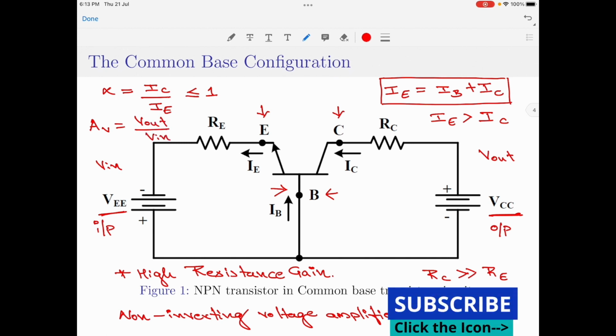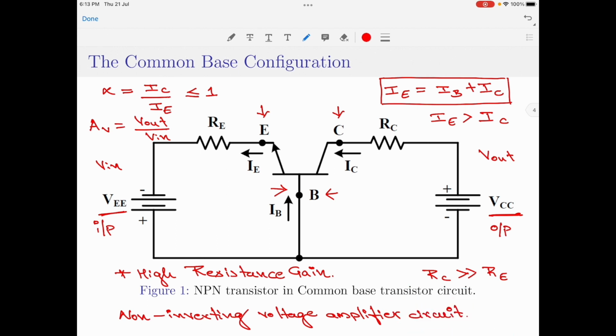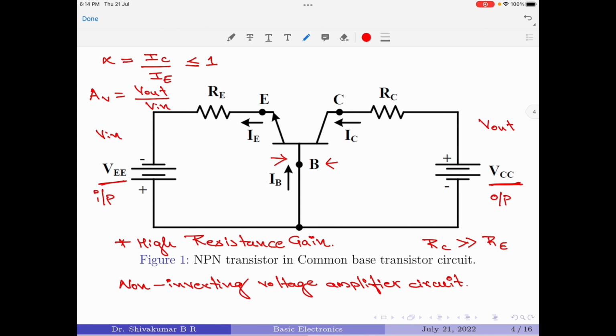Let us now try to understand whether this configuration produces a voltage gain or not. As I said, the voltage gain is represented by AV and it is equal to V out divided by V in. I can write the output voltage in terms of its current and resistance, which is IC multiplied by RC.